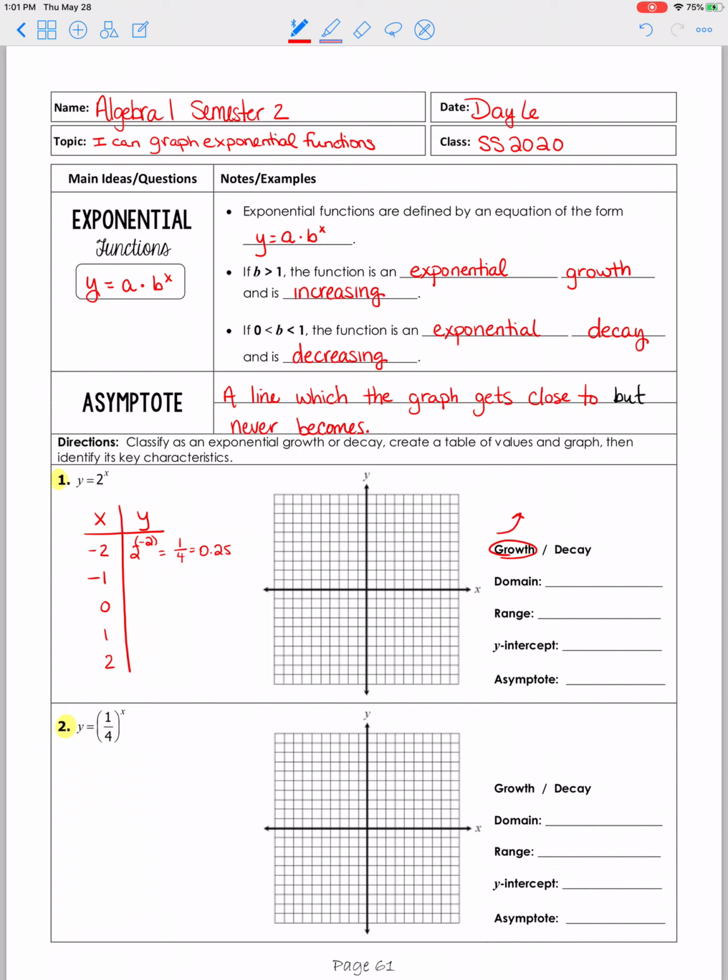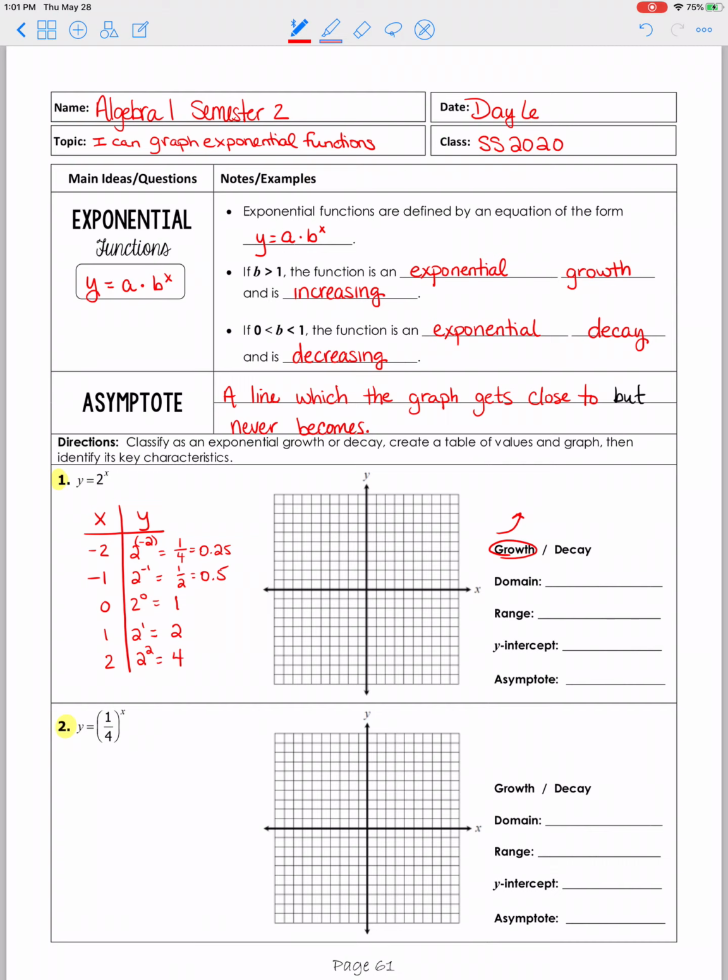When x is -1, 2 to the -1st power is 1/2, which would be 0.5. 2 to the 0th power: anything to the 0th power is 1. 2 to the 1st power is 2. 2 to the 2nd power is 4. So we can plot those points on our graph to get a pretty good sketch.